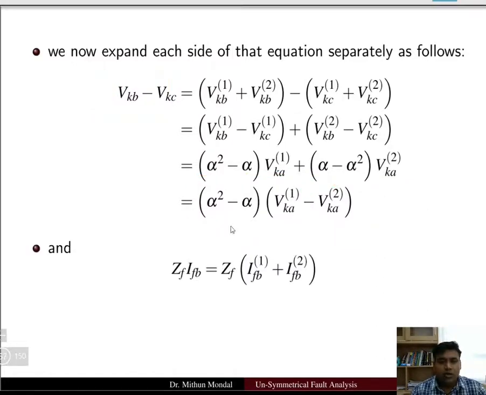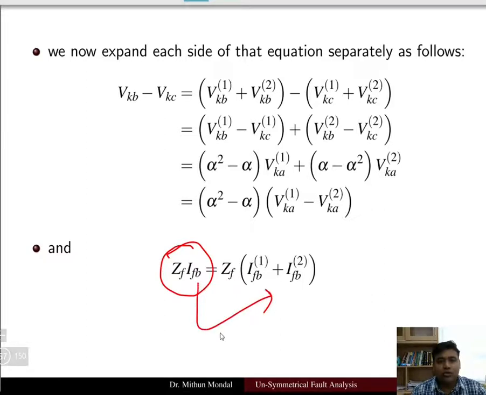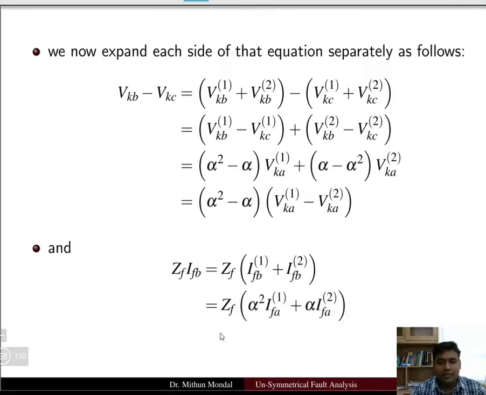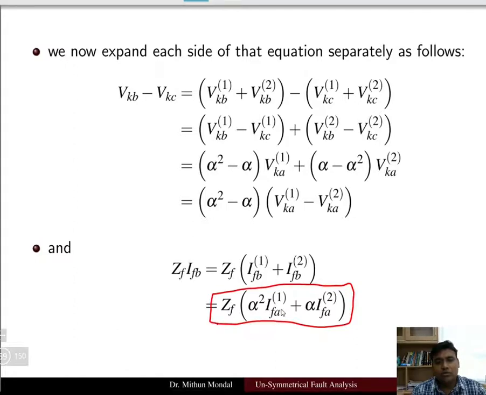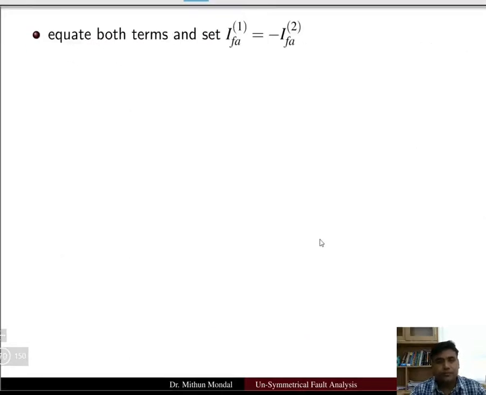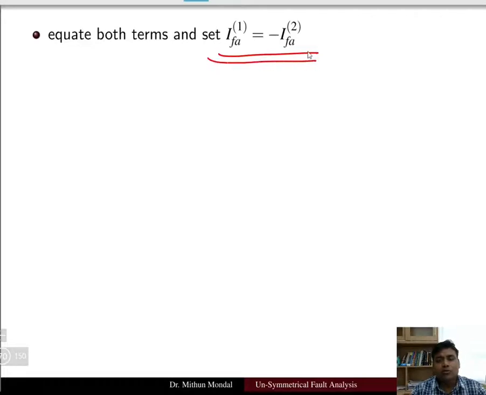Now we can also break up the current into two components, and then we can obtain it with respect to phase A. So ZF is multiplied with this term, because here we have only phase A, which we have got from phase B and phase C. Equate both the terms, because the positive sequence current in phase A is equal to the negative of the negative sequence current.